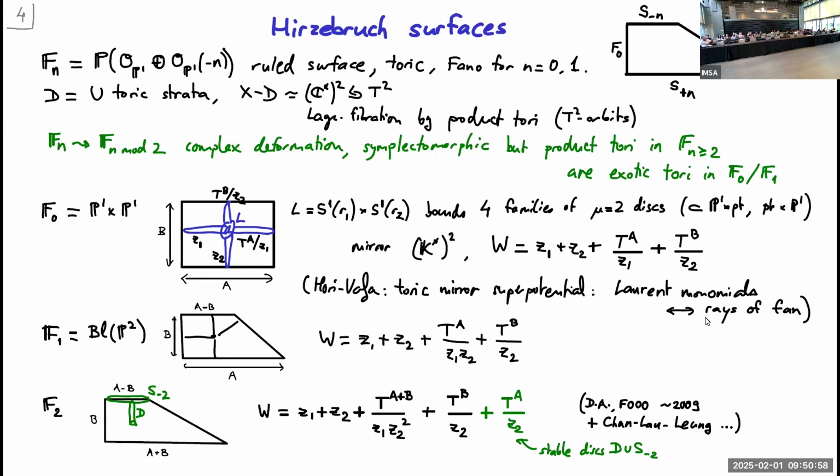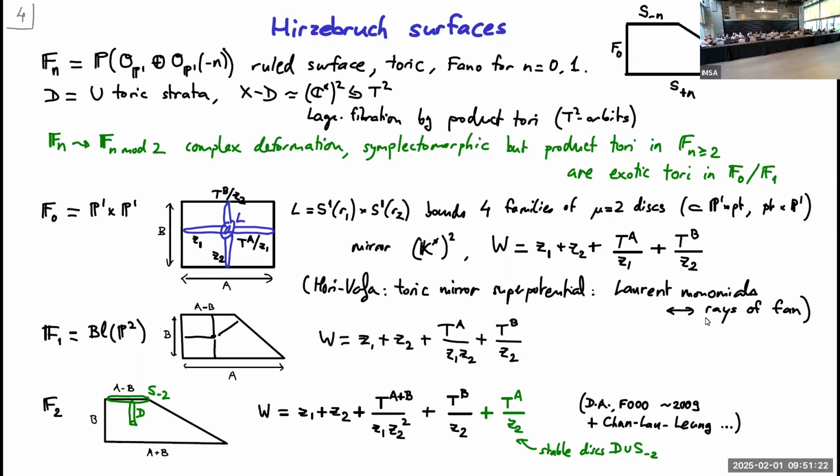So I want to look at the class of Hirzebruch surfaces. These are CP1 bundles over CP1, so rational ruled surfaces, obtained by projectivizing a rank 2 bundle over P1, which splits as O plus O of minus n, for example, where n equals 0, 1, 2, 3, and so on.